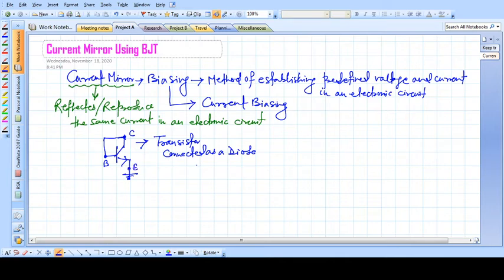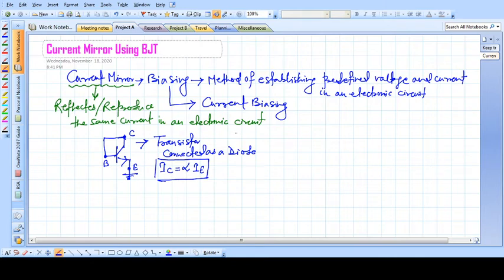Okay, so in that case transistor action takes place, because that equation gives the relationship IC equals alpha times IE. Now we have to utilize this concept.